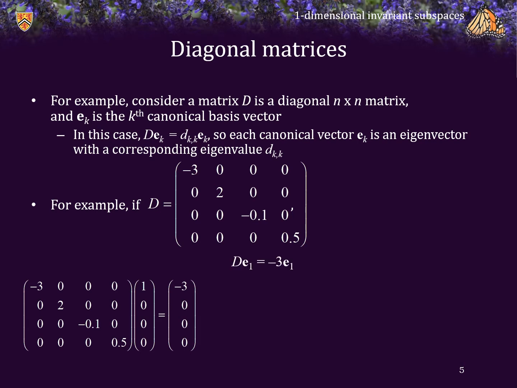So our first canonical basis vector has an eigenvalue of -3. Our second canonical basis vector has an eigenvalue of 2. The third has an eigenvalue of negative 0.1, and the fourth canonical basis vector has an eigenvalue of 0.5.